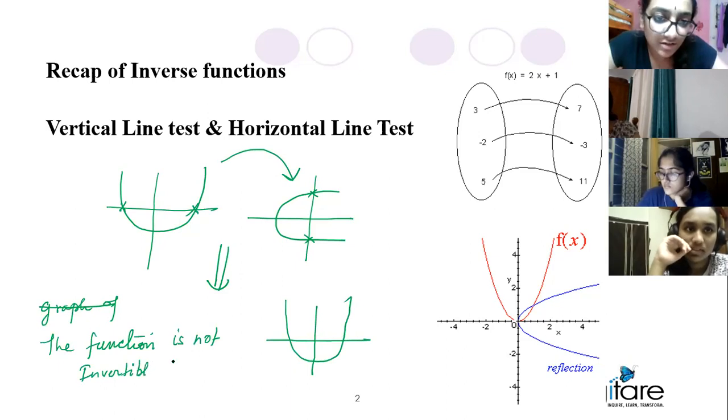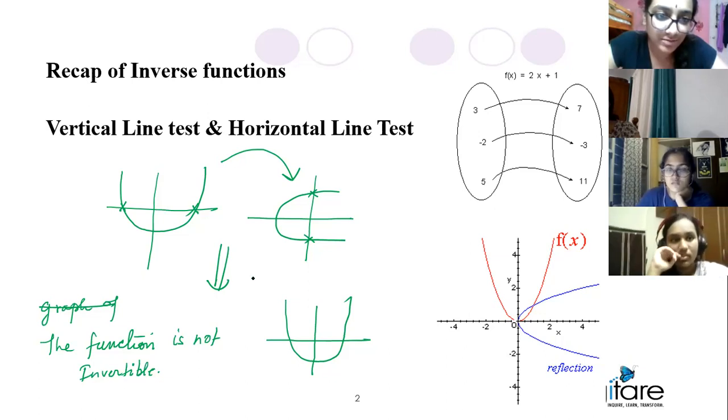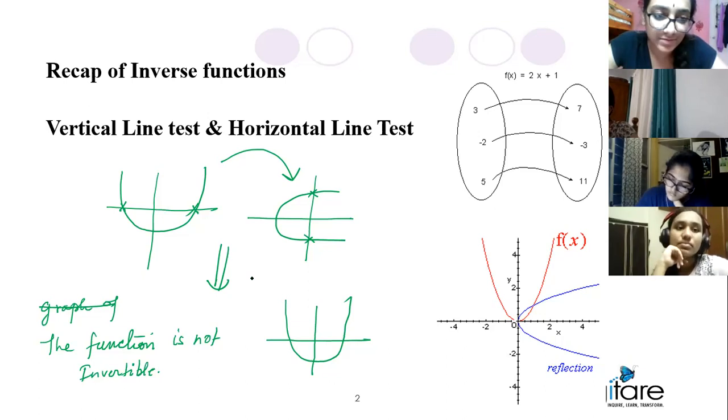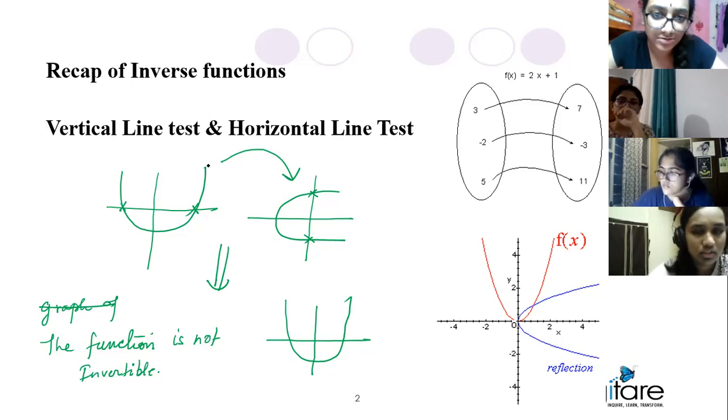Sir, but in a graph like that, it will cut in two places, right? Yeah, it is cutting. That means it is not an invertible function. So this is like a parabola, no? Now I am checking for invertibility through the horizontal line test.